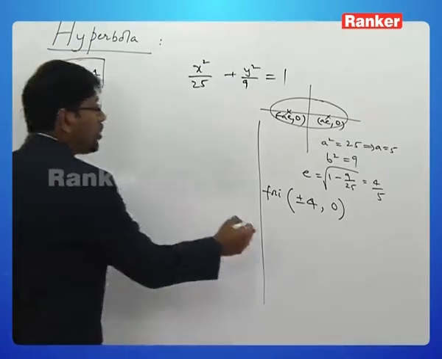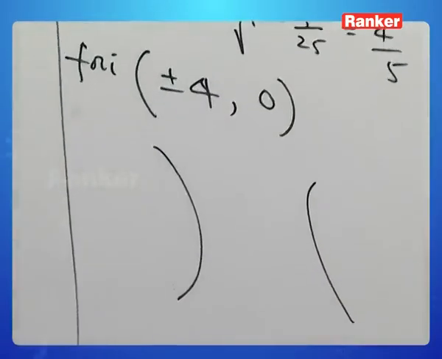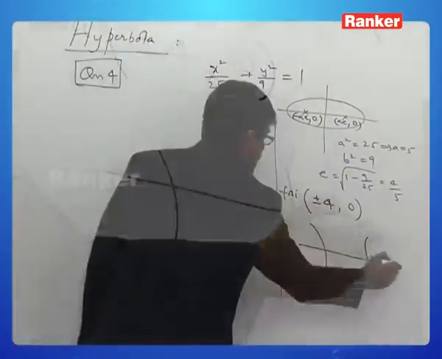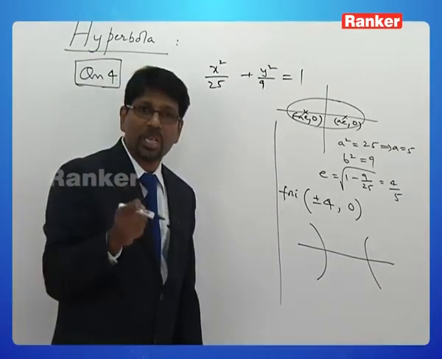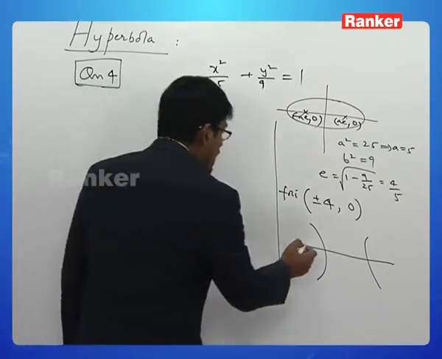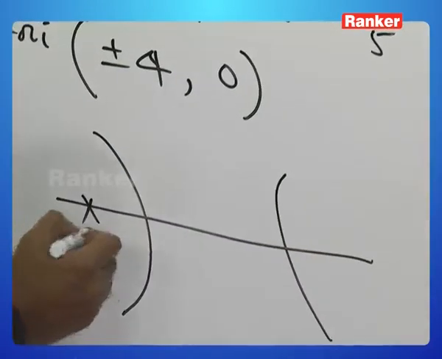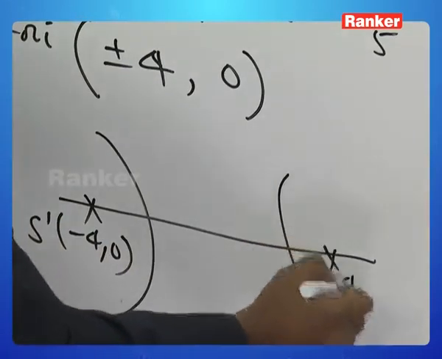So how should the hyperbola look? It should have the foci along the x-axis. That means the x-axis is the transverse axis. The axis on which the foci lie for the hyperbola is the transverse axis, or the axis of the hyperbola. Minus 4 comma 0 is one focus, 4 comma 0 the other focus.